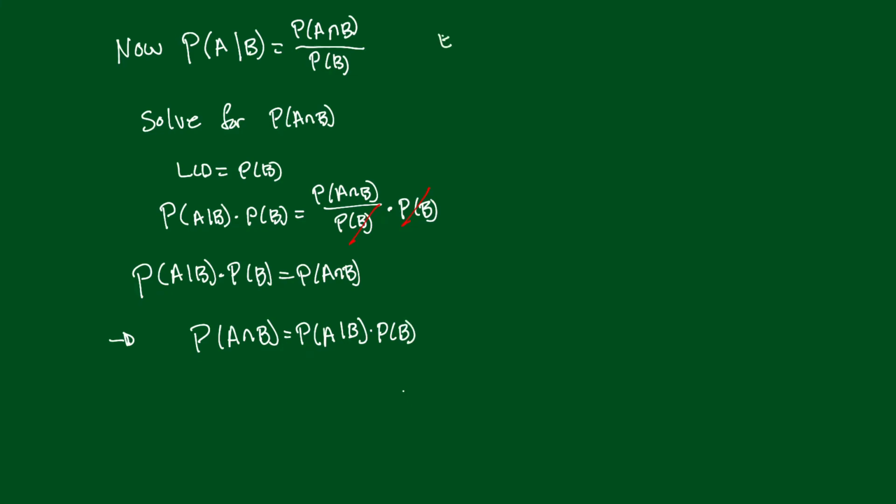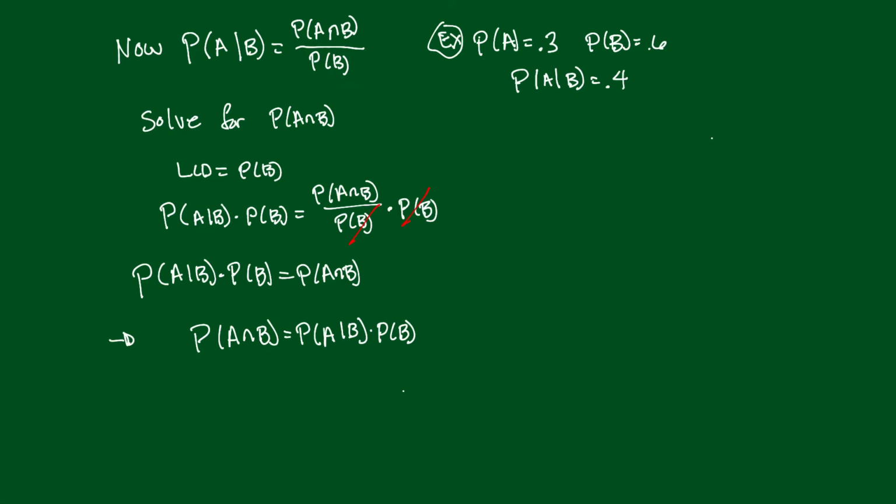Here's an example. What if we know this? The probability that A itself occurs is maybe like 0.3. The probability that B occurs by itself is, I'm just making these numbers up, 0.6. And then I know this, that the probability that A occurs, given that B has already occurred, suppose this is equal to 0.4.